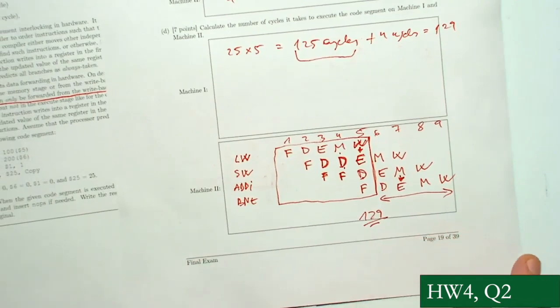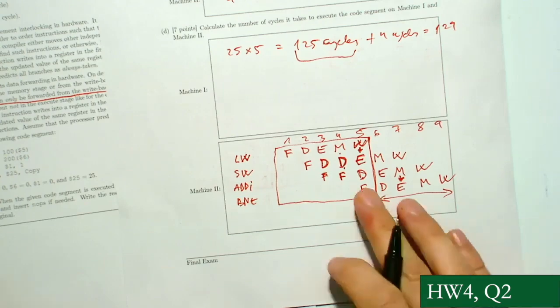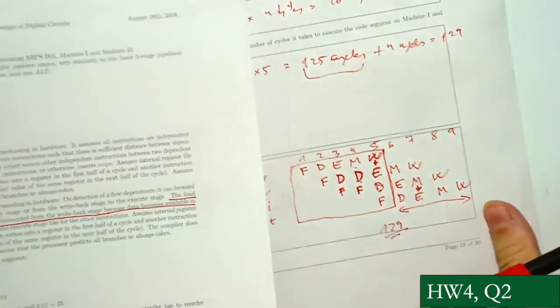Yes. Something that is not really clear, that's also been an issue in another homework, is that to me the effectiveness of the forwarding is dependent on the dependency checking method. If you use scoreboarding, then you do bypassing from the memory stage to the execute stage.